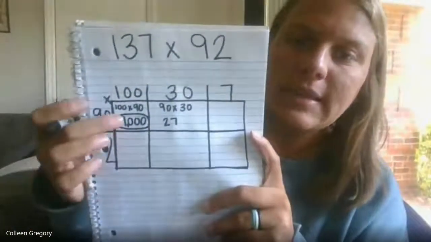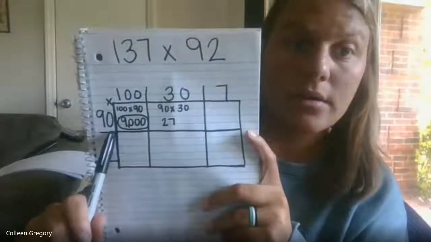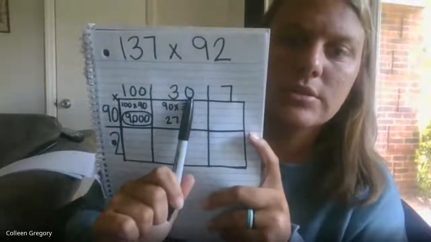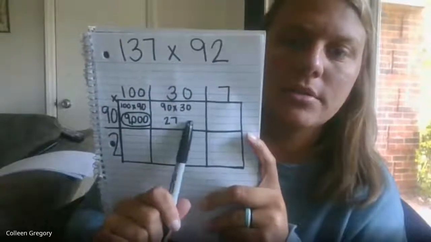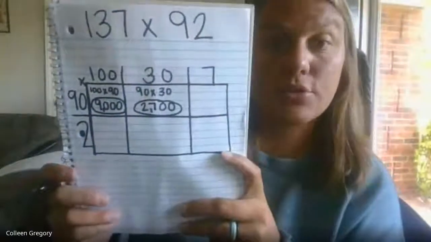Okay, and same thing that I did with 9,000, I'm going to count my zeros to determine how many place value fillers that I need. So I'm going to have 1 zero, 2 zeros. So I'm going to count the zeros and put them down here next to 27. We're not adding zeros, we're counting them. So 90 times 30 is 2,700.